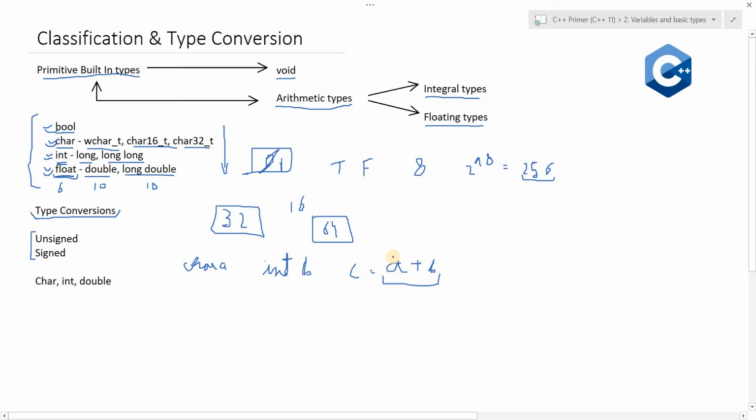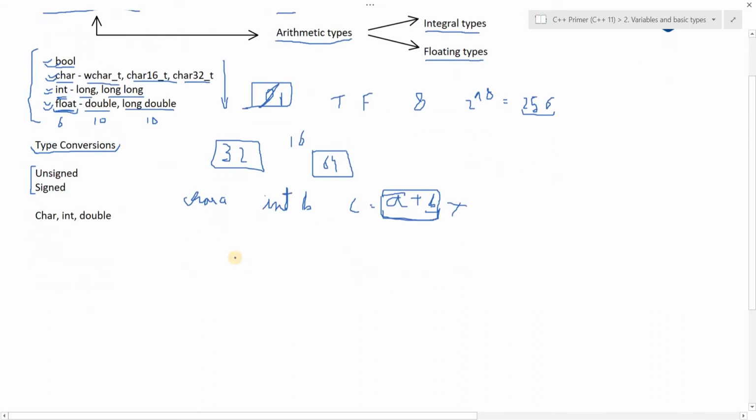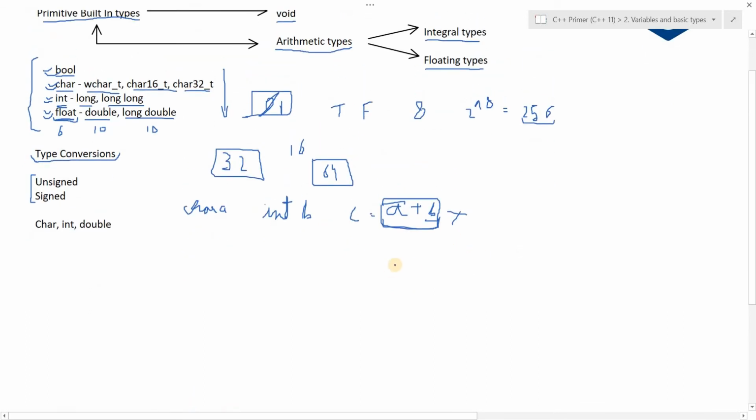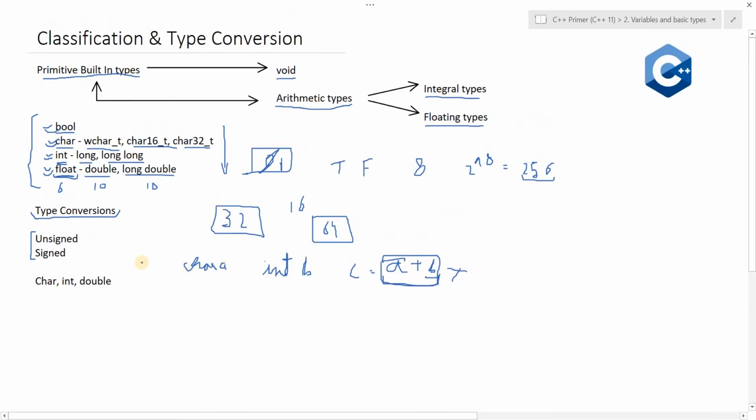Your character would be converted to its ASCII value, and b is int, so there is a type conversion of a. Okay, so this whole becomes an integer. I would not be focusing on this because you must know this if you have familiarity with some language, as I said before.